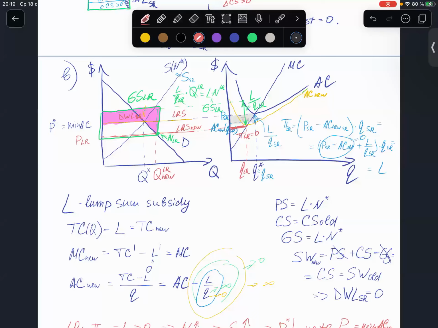Yes, but in the long run, producer surplus is equal to 0. So some part of government spendings will go to the increase in the consumer surplus, but the government spends too much. That's why deadweight loss in the long run are present and bigger than 0. Deadweight loss in the short run are equal to 0 in such situation.